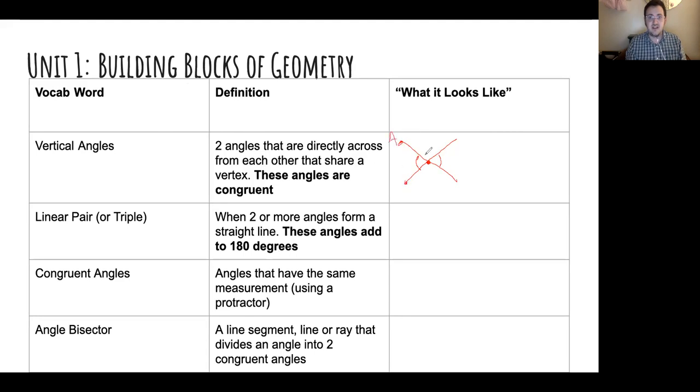I'll call this A, B, C, and maybe I'll call this D and E. I could say that angle ABC and angle DBE are congruent because they are vertical angles.